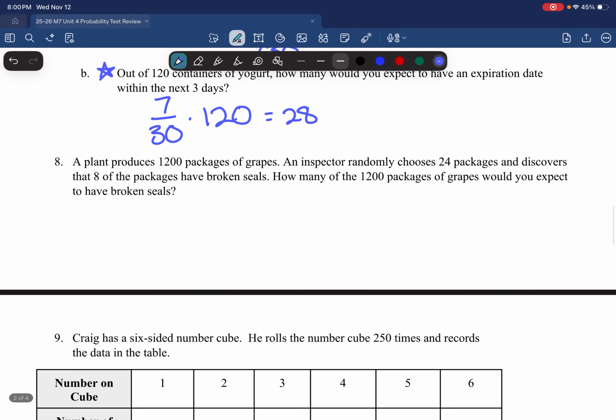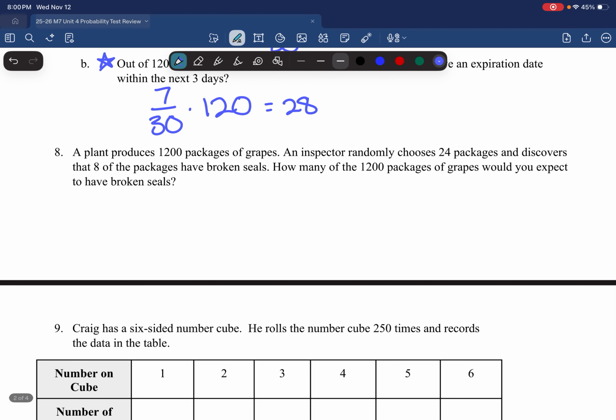All right, next one. A plant produces 1,200 packages of grapes. An inspector randomly chooses 24 packages and discovers that 8 of the packages have broken seals. How many of the 1,200 packages of grapes would you expect to have broken seals? So this is another one where you're doing that same thing. What I'm going to do is highlight what's important.